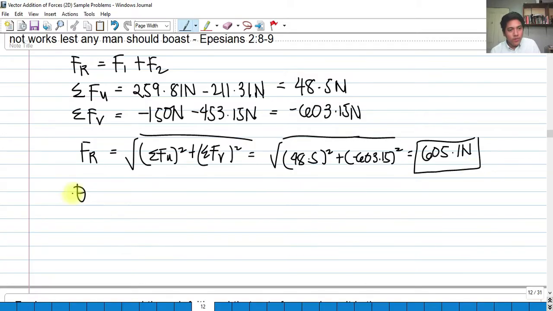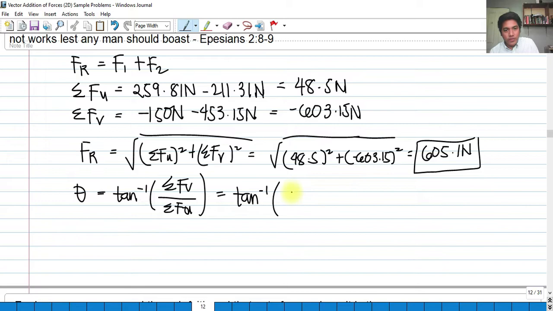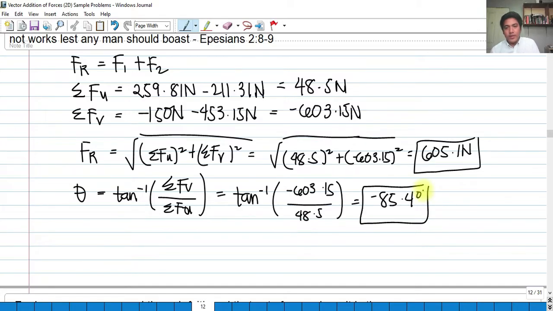And the direction of our resultant force is arctan of the summation of F in terms of V, this is our Y, over the summation in terms of U. So arctan of negative 603.15 over 48.5, and that results in a negative 85.4 degrees direction.